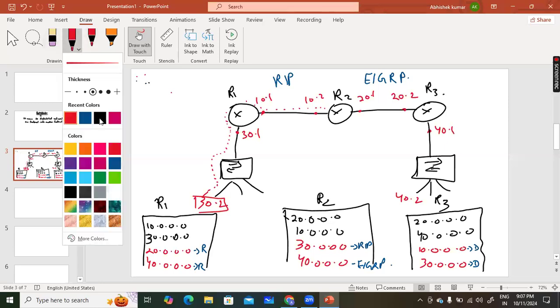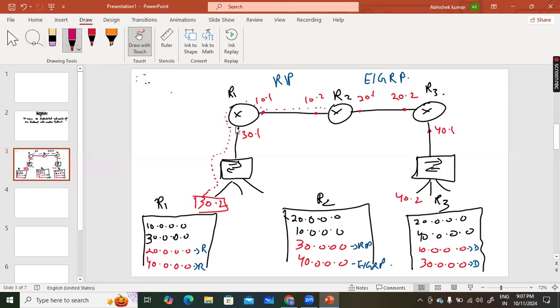It is something like, for example, there are two different languages. Between R1 and R2, they can understand only English. And between R2 and R3, I have configured a different language, which is Hindi.